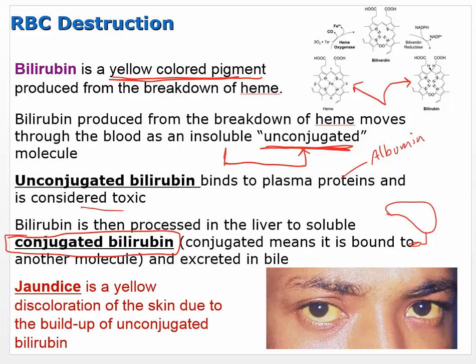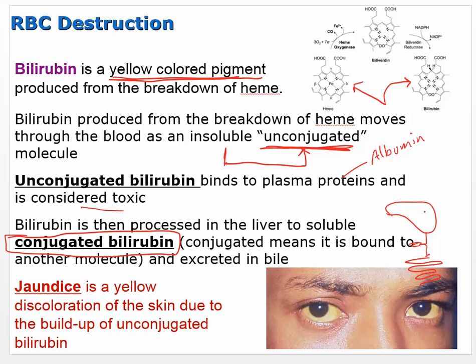You have your gallbladder here, which is releasing bile into the small intestine. So it's excreted in the bile, into the small intestine, and then it goes away.